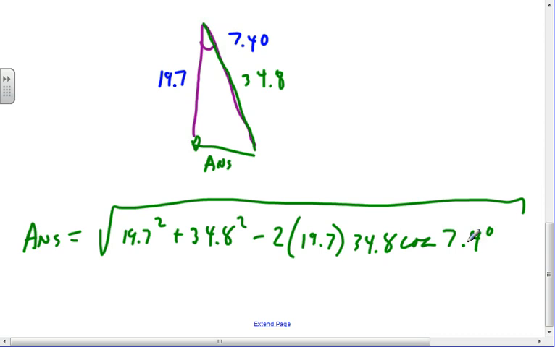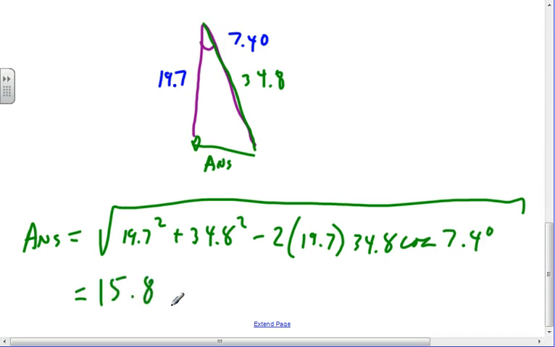Second function, square root 19.7 squared plus 34.8 squared minus 2 times 19.7 times 34.8 times cosine 7.4 close parentheses equals.